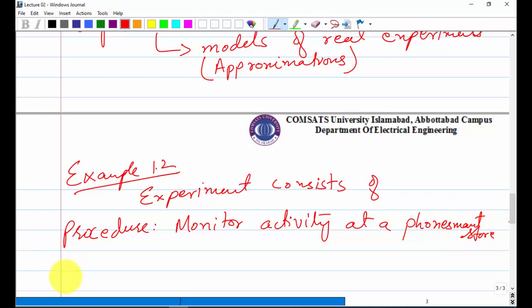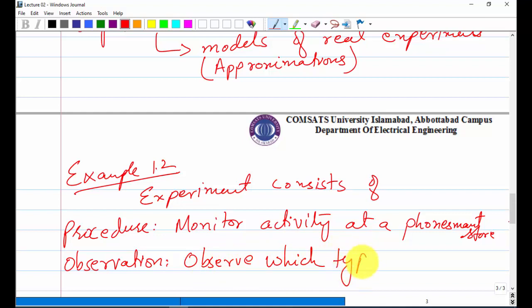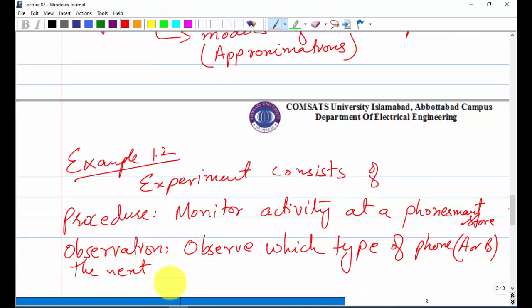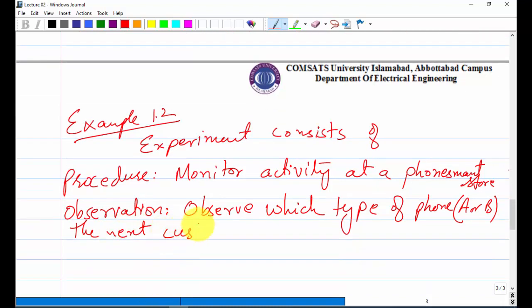What's our observation? Observation is to observe which type of phone, apricot or banana, the next customer purchases.